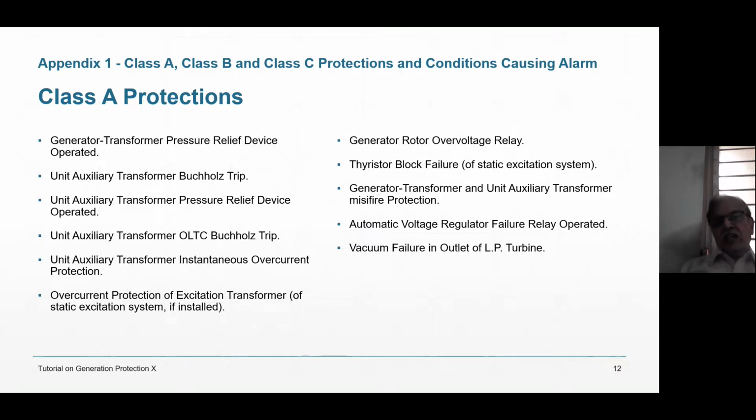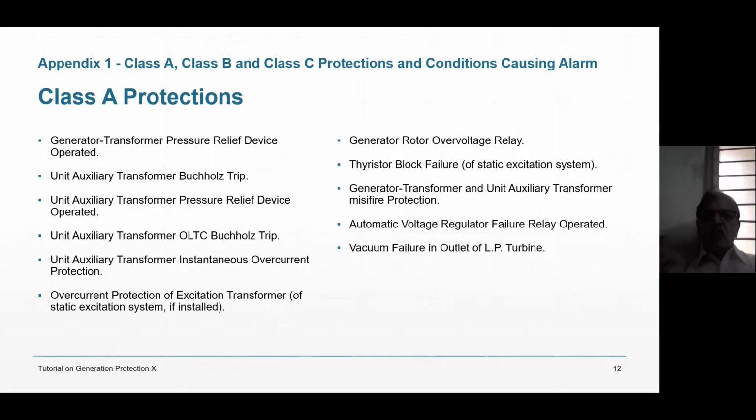If there is fire, then there is a special multi-fire system. If you go to a substation or power station, there is a blue pipeline. That blue pipeline contains water and CO2, etc. So if firing occurs, it will break.